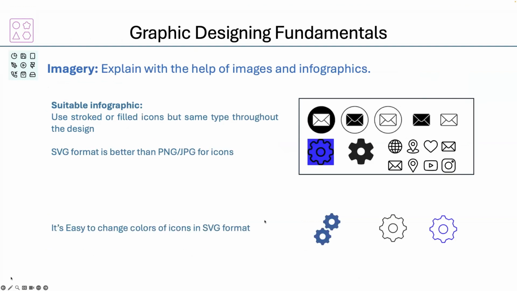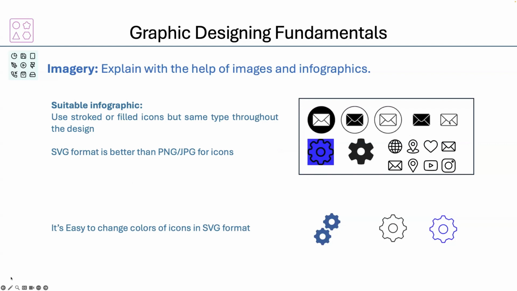Okay. The other thing in imagery is infographics. Basically, infographics are small icons that give some information. For example, these infographics are giving some information; this infographic, or we say icon, is showing some kind of message.